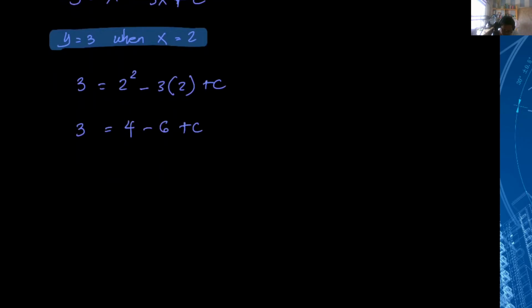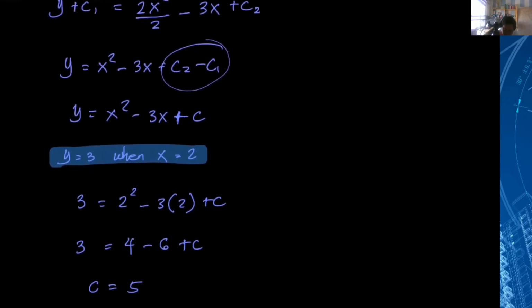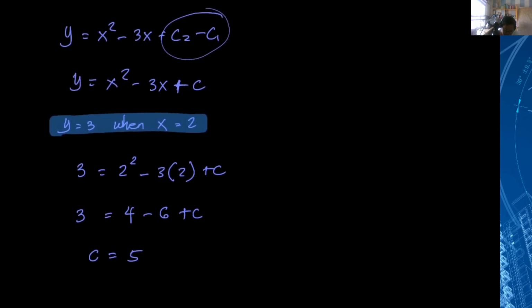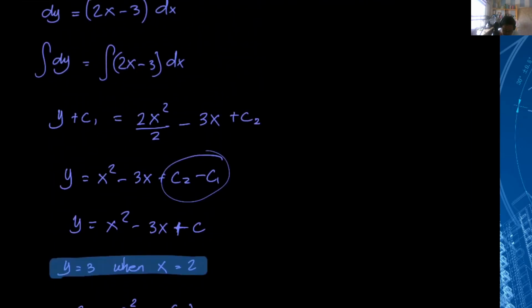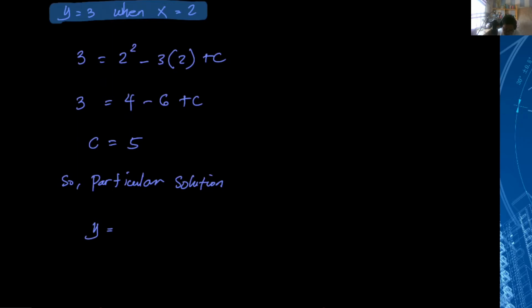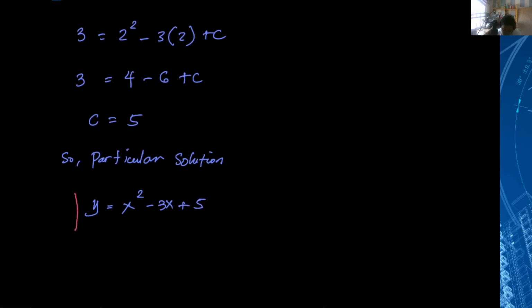Negative 2, so c equals 5. This is the value of c. To get the particular solution, we just substitute this into our solution. The particular solution is y equals x squared minus 3x plus 5. This is now your final answer.